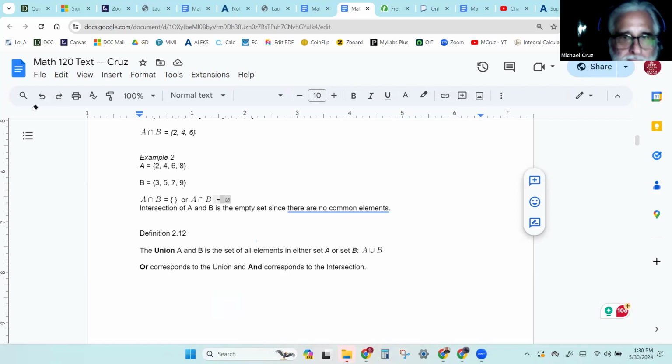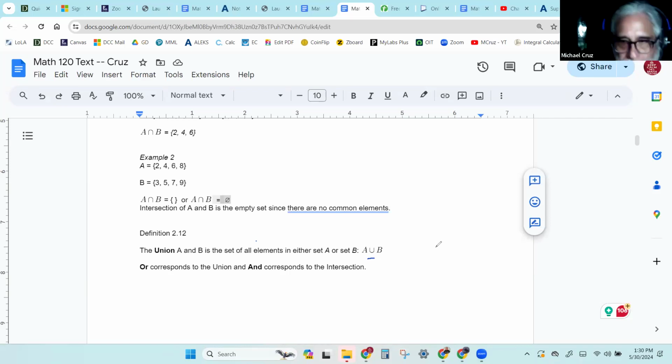So now this symbol is the upside down one now from the intersection, and that reads union. Union. And it's the sum total of all of them together. And when you take two sets and put them together, if they have any of the common ones, you don't count them twice.